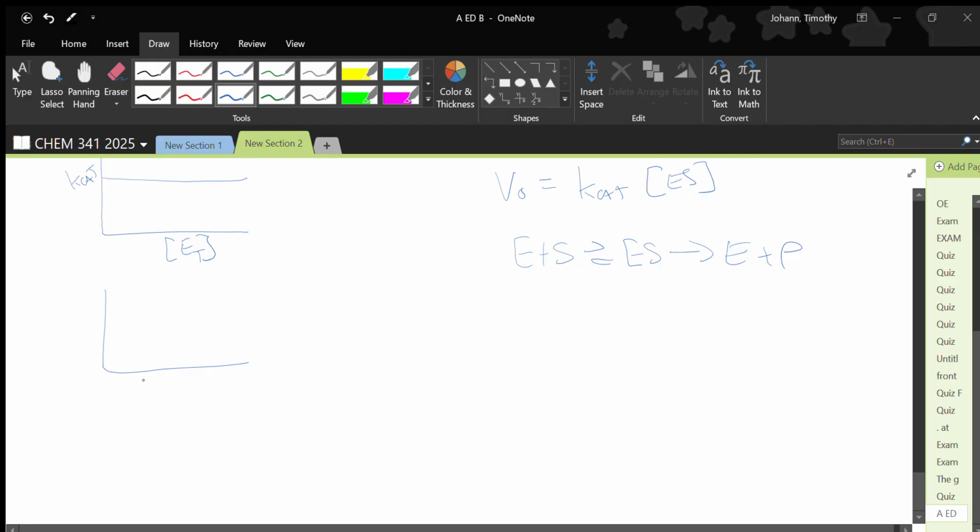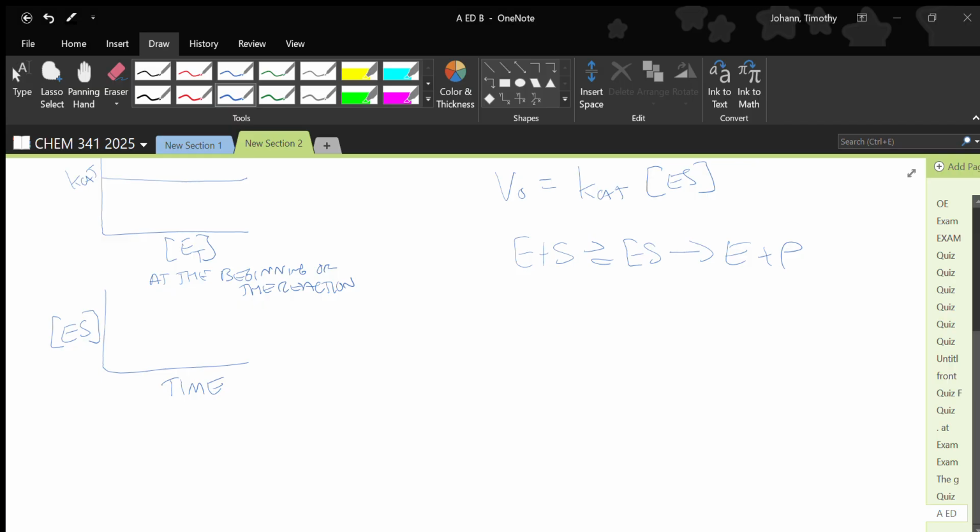Okay. So that's one of those things. What if we looked at the beginning of the reaction, or I could say for an initial rate, what's my enzyme substrate complex concentration going to be versus time, just at the beginning of the reaction?